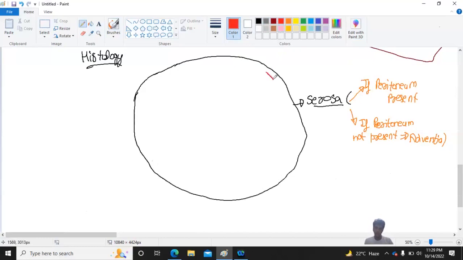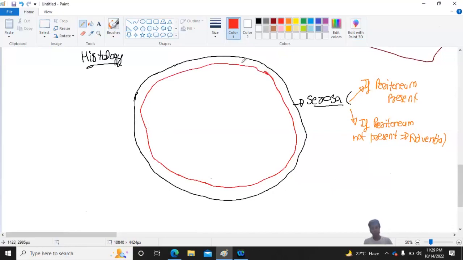Then another layer inside this is called muscular externa. It contains many layers of muscles. Two layers basically. One and another one, like this.